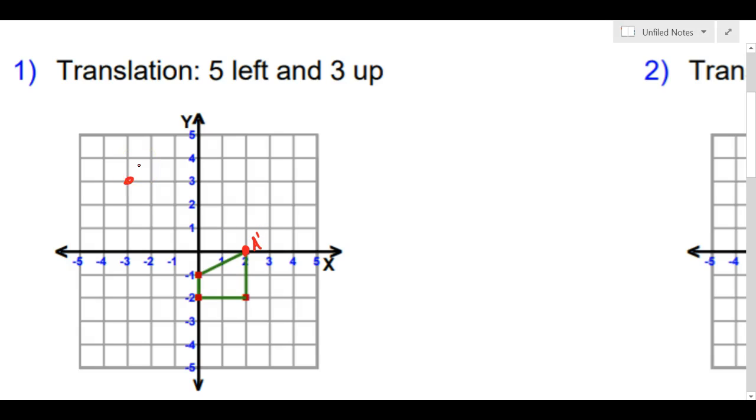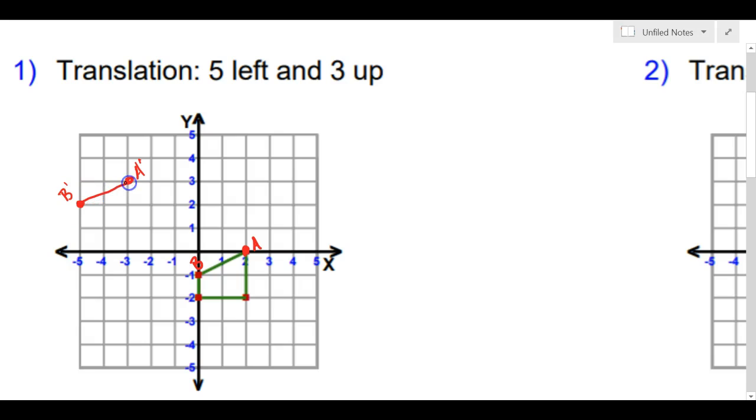A has now translated here to become A prime. This point, we'll call it B, needs to go 5 left, and then 3 up. And that has become B prime.